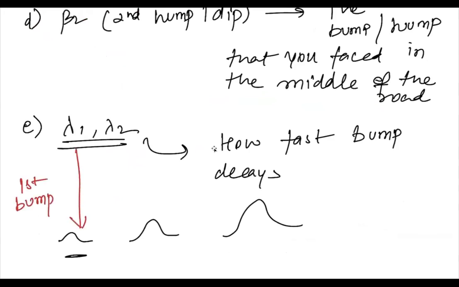Lambda 1 tells you how the first bump will decay, and lambda 2 tells you how fast the second bump will decay. So that's a simple example of how to understand these parameters.